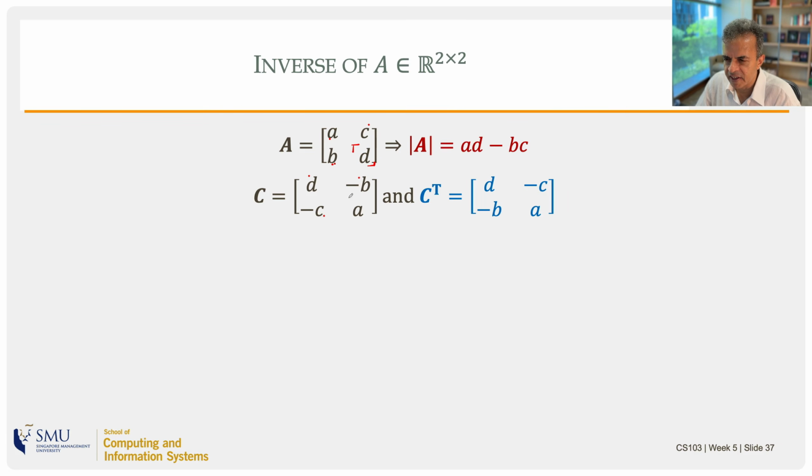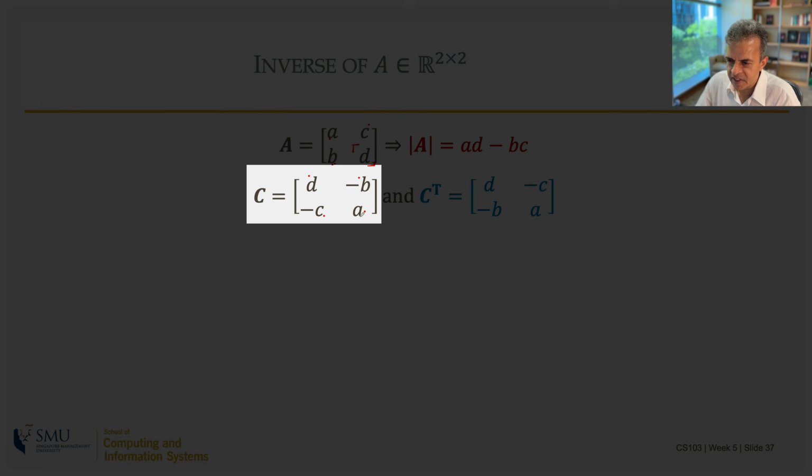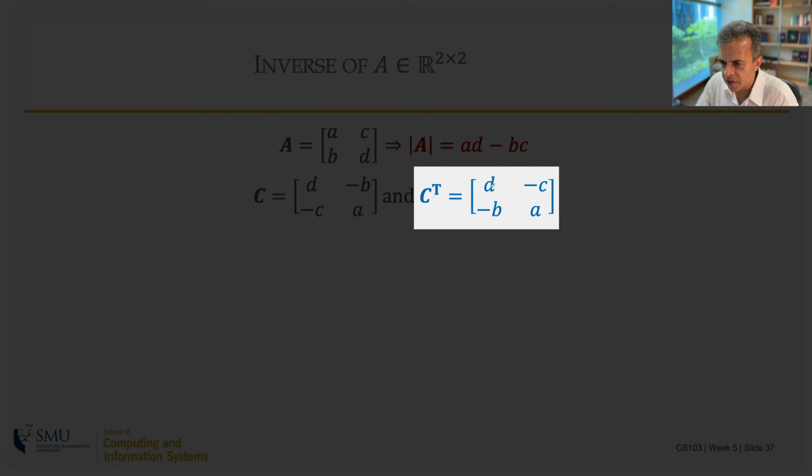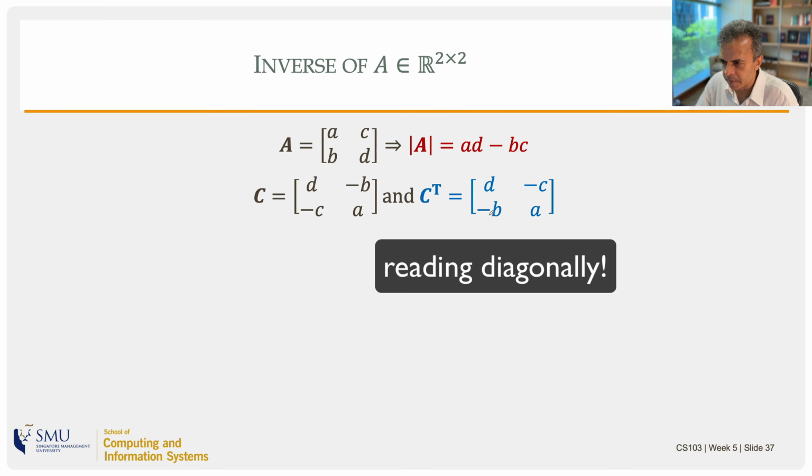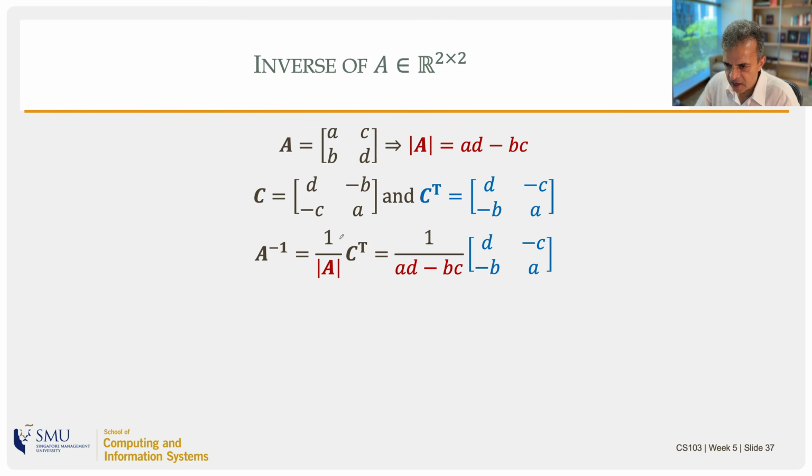And the minor of D is A, which comes with a positive sign. So the cofactor matrix is D, minus C, minus B, A in columns, and its transpose is D, minus B, minus C, A. So its inverse is 1 over the determinant, 1 over AD minus BC, times the matrix D, minus B, minus C, A.